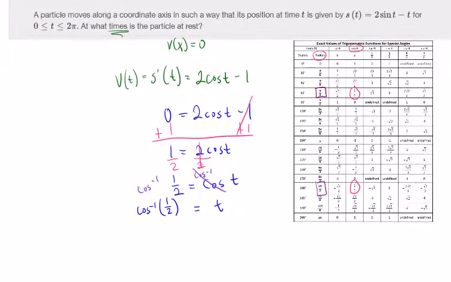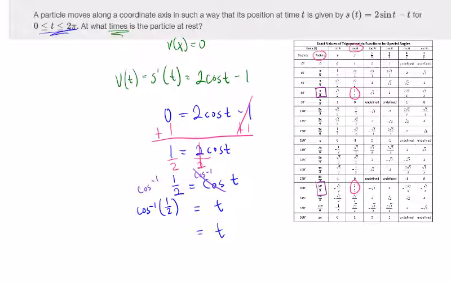So our answers for t would be from 0 to 2 pi, because there's an infinite number of possibilities where cosine equals 1/2, but that's why they give us this interval, so we don't go on forever. We could go past 2 pi and get other values, or go in the negative direction and get values where cosine equals 1/2.